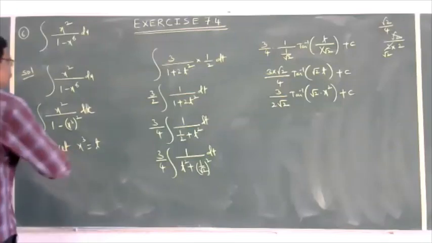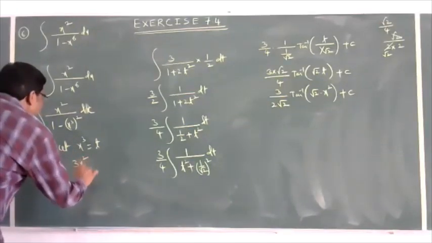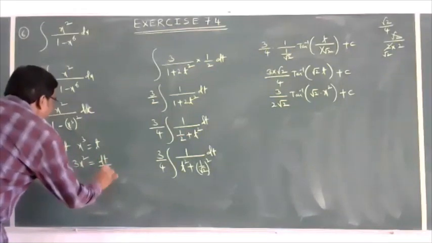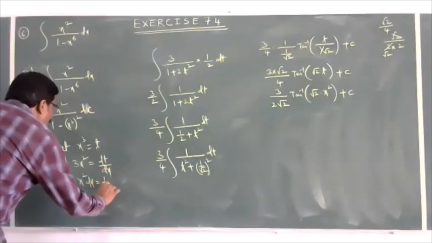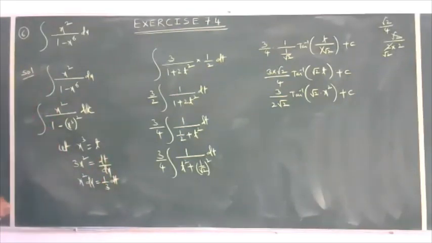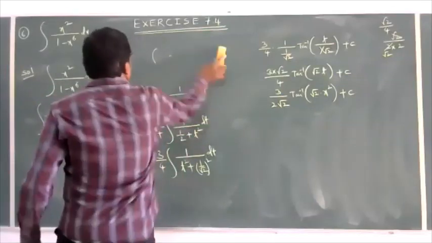So x cube derivative with respect to x, 3x square is equal to dt by dx. That is x square into dx is equal to 1 by 3 dt.